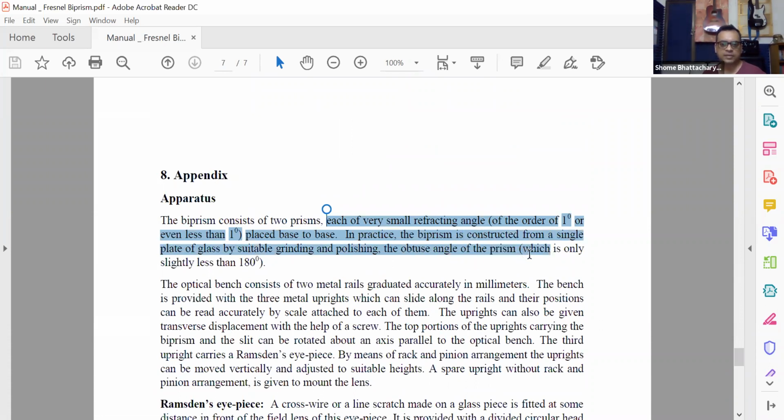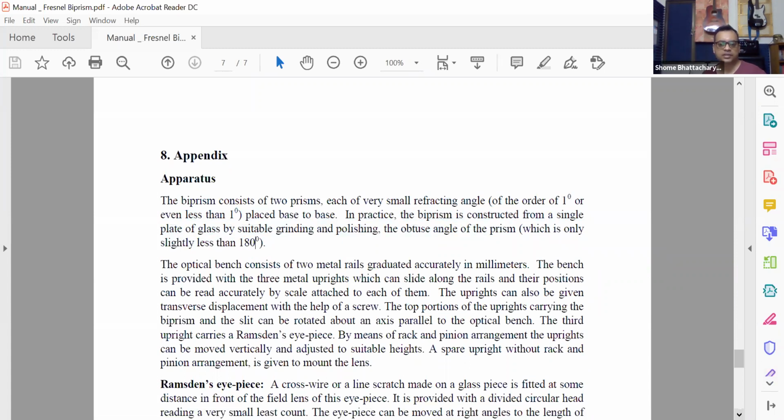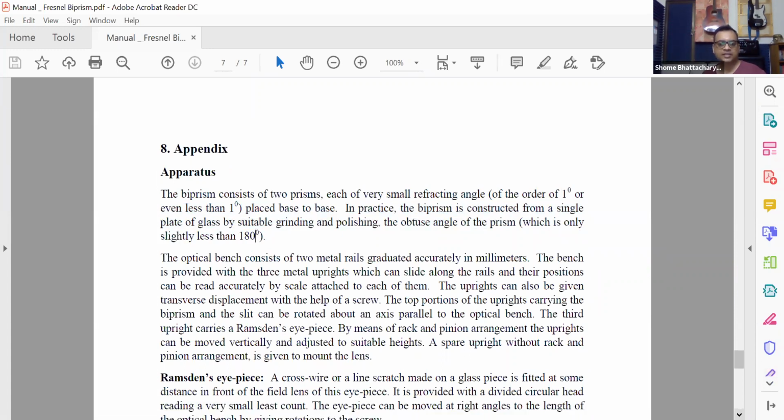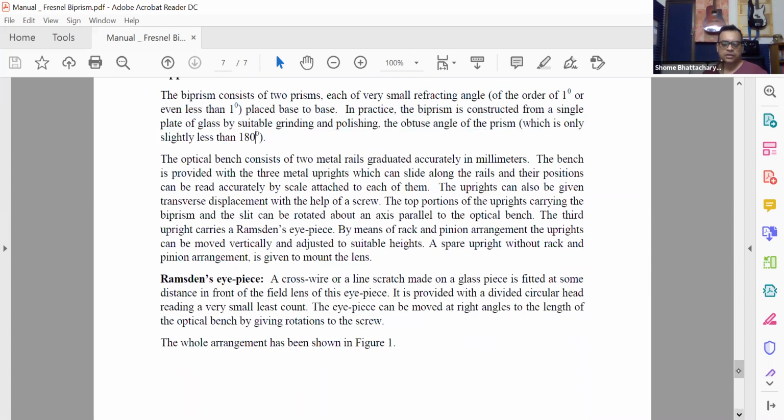In practice, the biprism is constructed from a single plate of glass, suitably ground and polished, with an obtuse angle which is only slightly less than 180 degrees. And then, of course, a lot more detail is there about the eyepiece and optical bench and how to remove the parallax error and things like that. So this is about the biprism experiment.